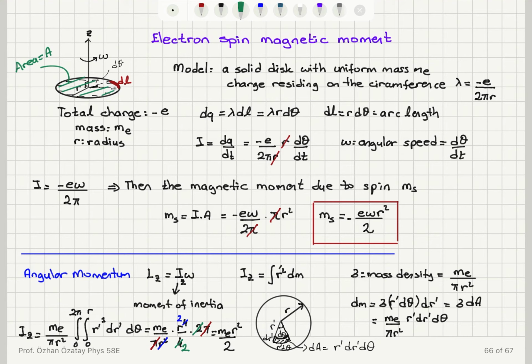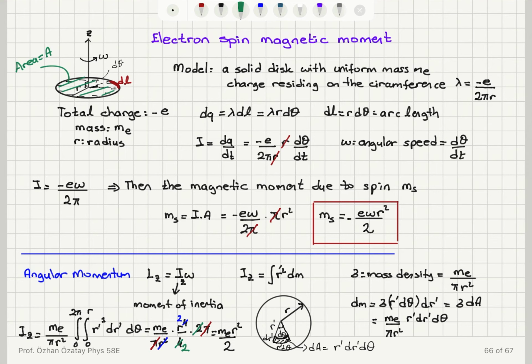The differential charge that is rotating with the disk is lambda dl, lambda times the arc length dl, which is r d theta. And so we find that the current dq/dt is minus e over 2 pi r, which is lambda times r d theta/dt, because r is not changing, and the r's cancel.